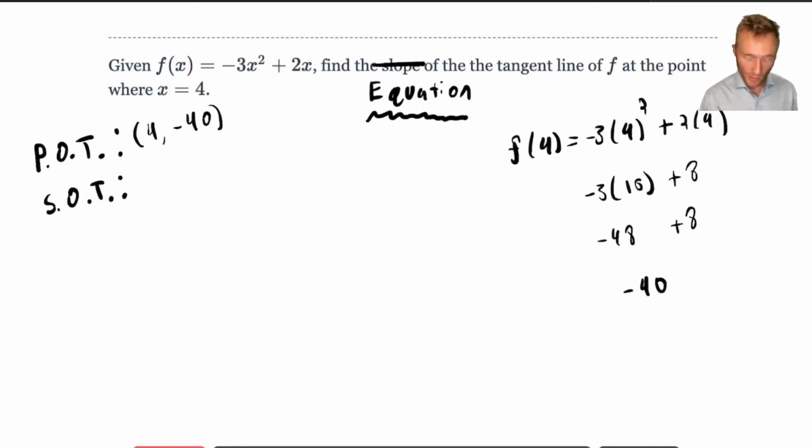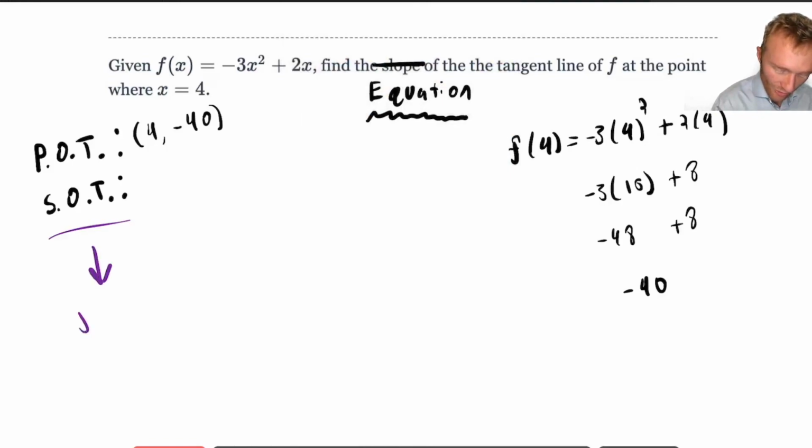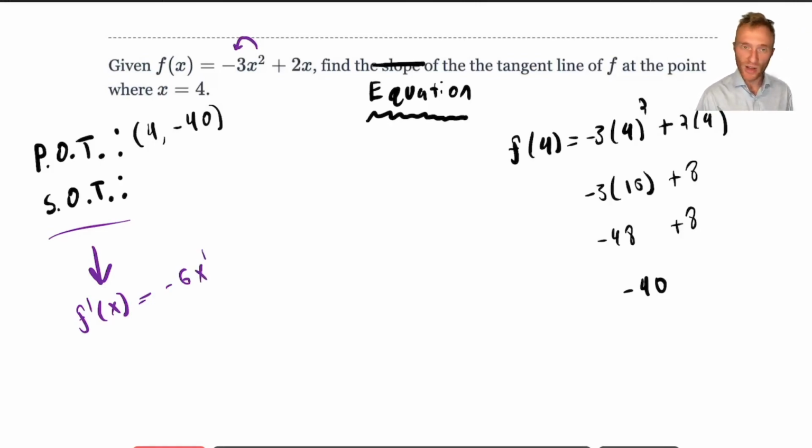The slope of the tangent line is the derivative. First we find the derivative of the function. 2 times negative 3 is negative 6, x to the 1 reduced. You can write that x to the first if that helps, that's fine.